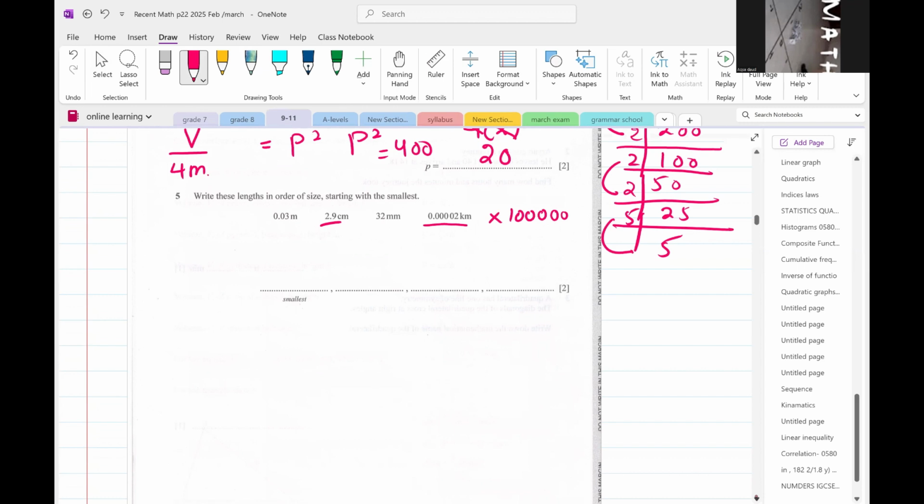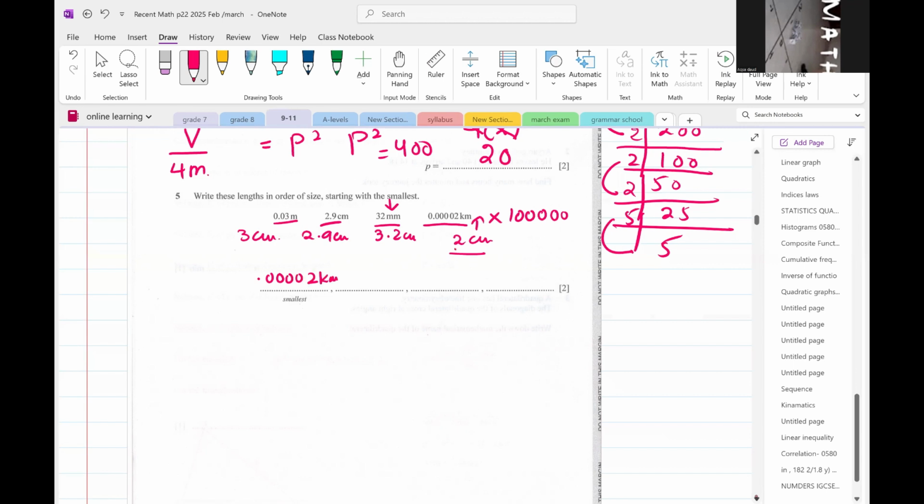We get 2 centimeters, this will be 2.9 centimeters, this will be 3 centimeters, and 3.2 centimeters. 0.03 meter is 3 centimeters. Now you can clearly see that this is the smallest value, so we'll write the smallest value here.